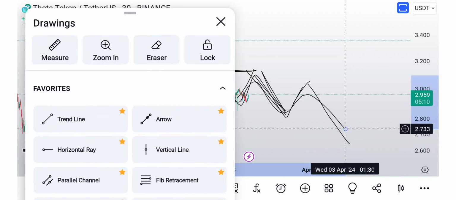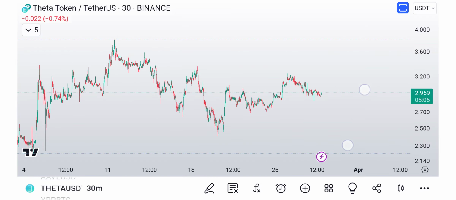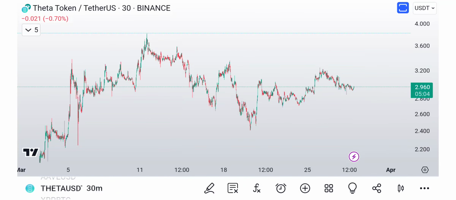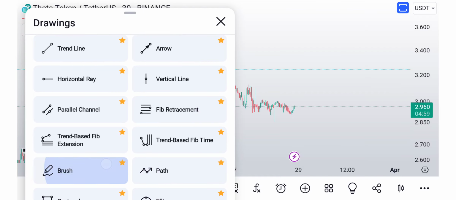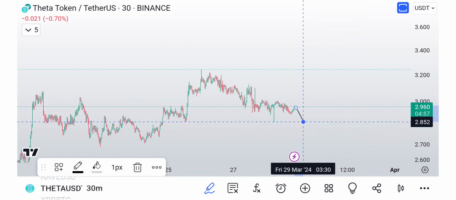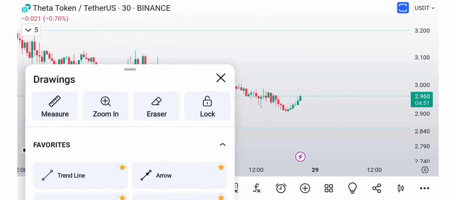So instead of going through all the different ideas, I'm just going to stick to the basic ones on the higher time frames. But for now, it looks like this thing either hits the low one more time, or this was the low. If you look here, I do like this wick.